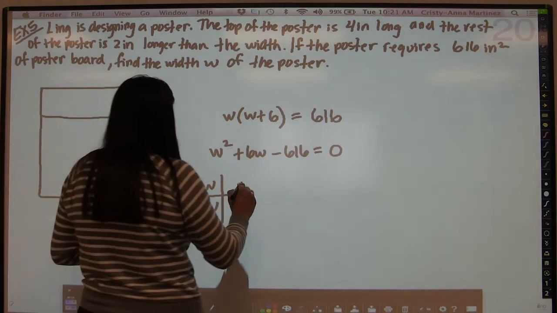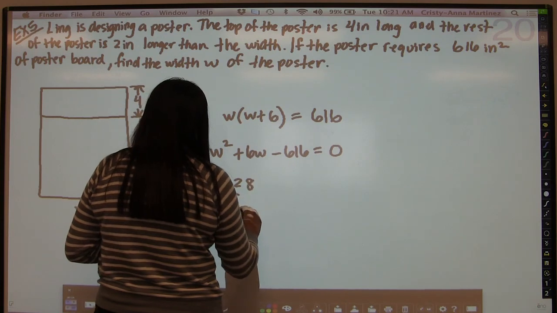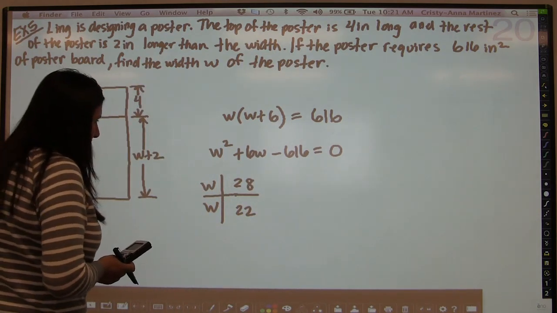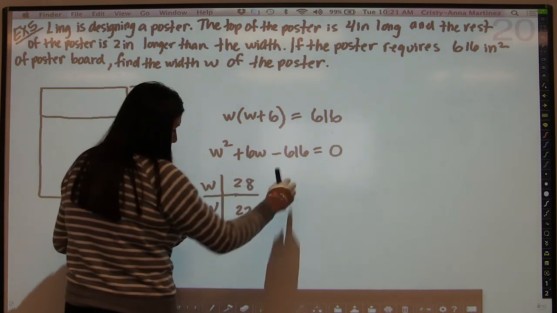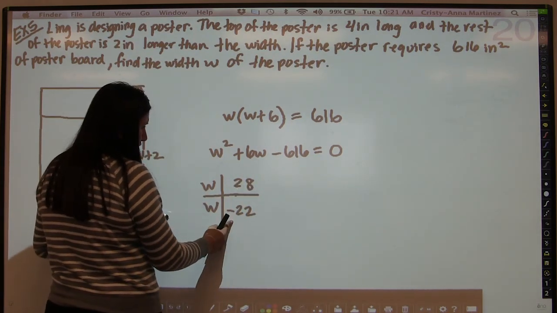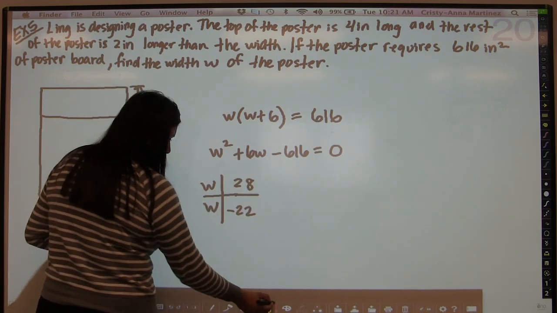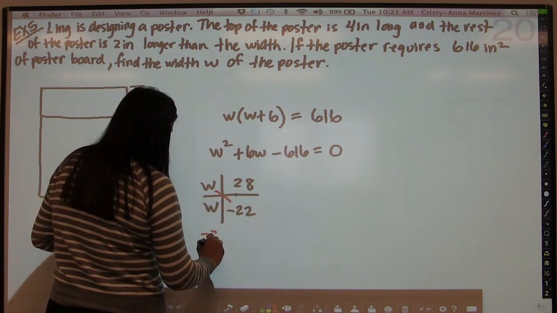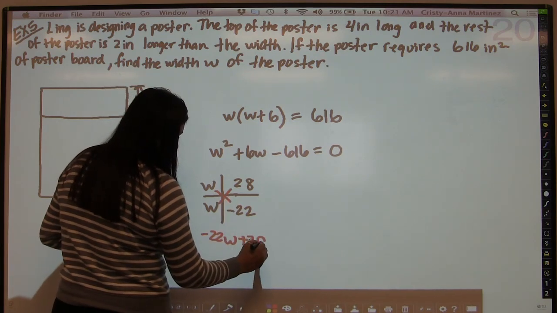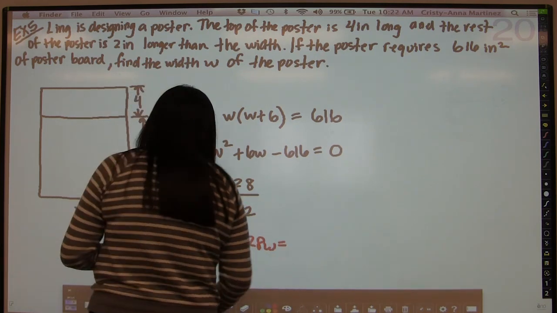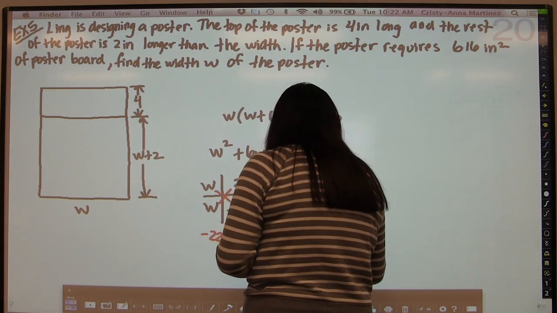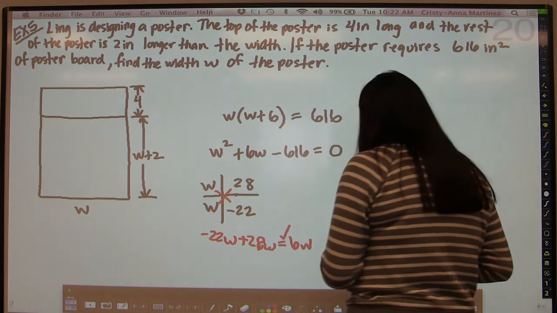Now we're talking. So apparently 28 times 22 is 616, and if I need a negative 616, but if I go negative 22, then 28 minus 22 is in fact 6. So here we go, negative 22W, positive 28W, and then negative 22W plus 28W is actually 6W, which is what you wanted.